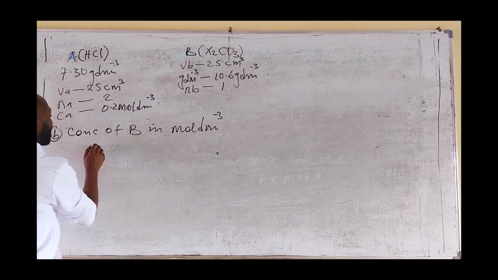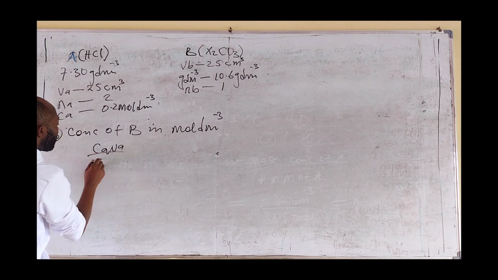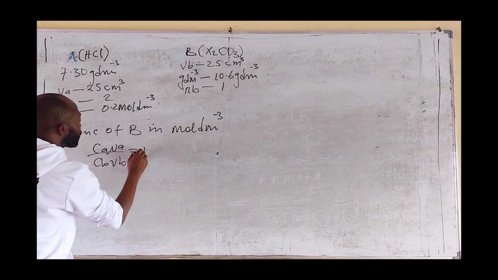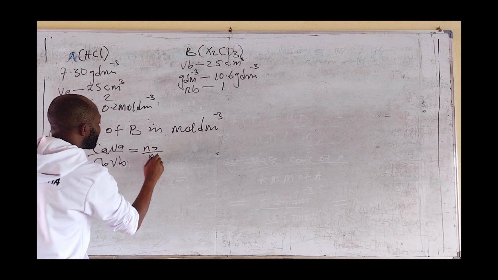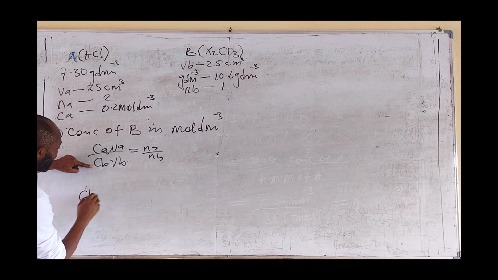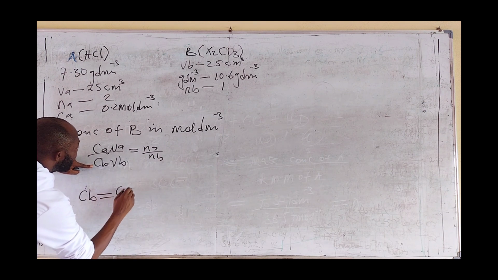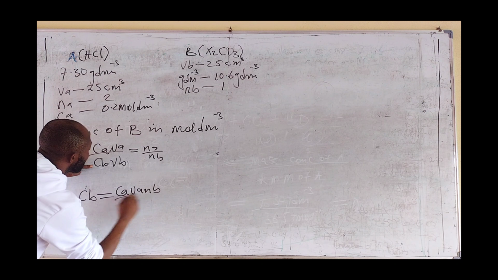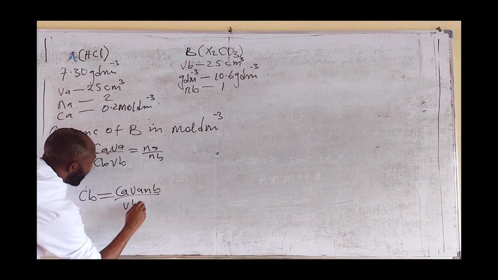We use the formula CAVA over CBVB is equal to Na over NB. We're looking for that of the base. So CB is equal to CAVANB over VBNA.